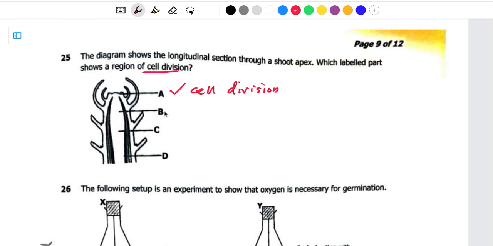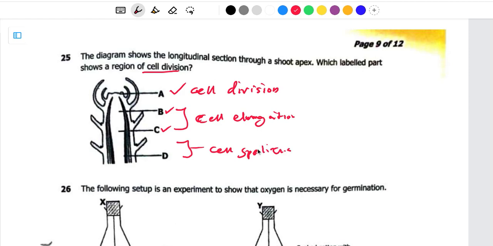And then two parts, A and B, they show the zone of cell elongation. Then at D, this is where you're going to find the cell differentiation or cell specialization if you want. So this is what you need to know.